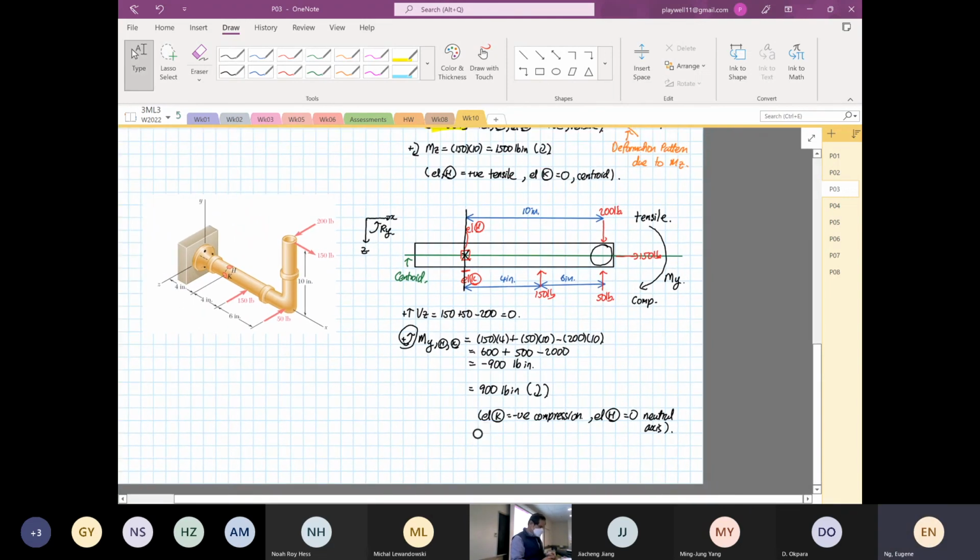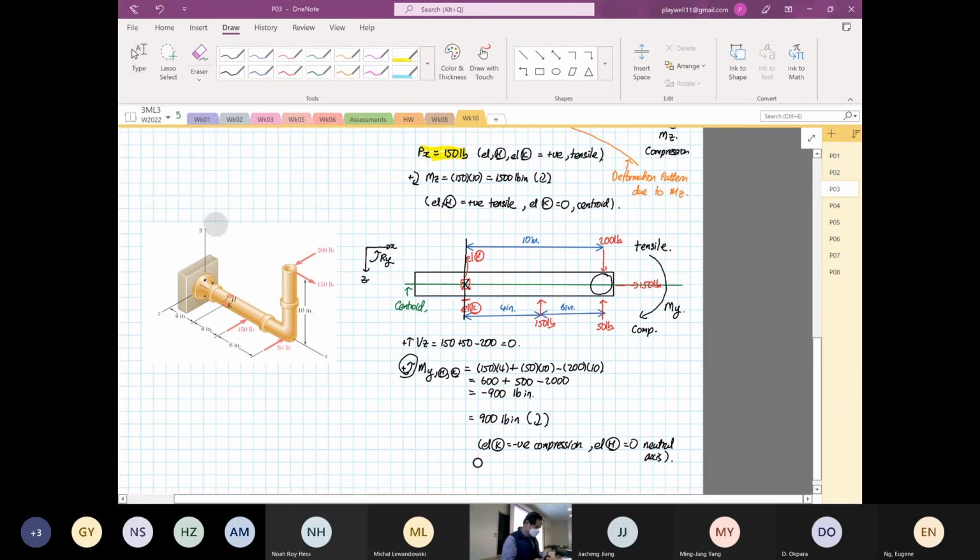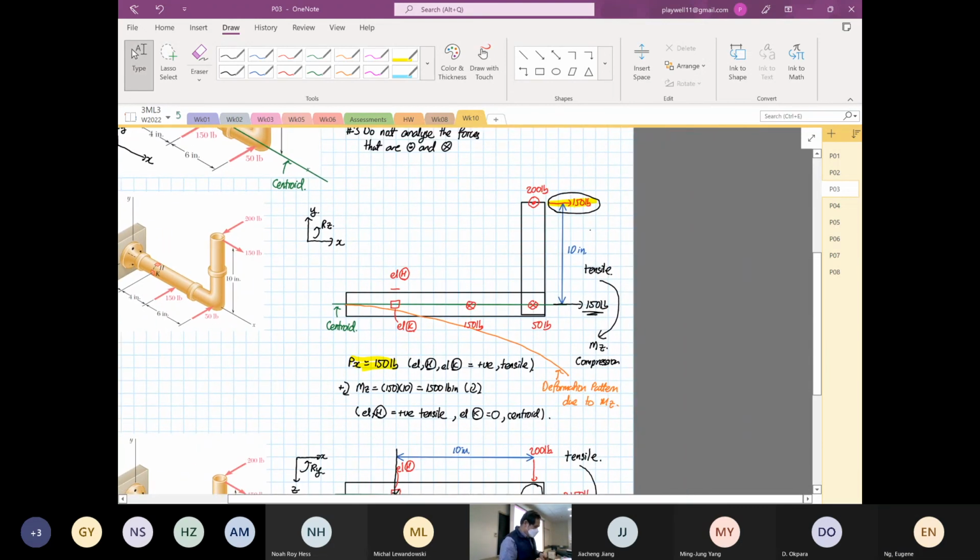There is something very important where students are confused. Even I was confused when I started doing it. What is the confusion? When we take moment in the z direction, the distance from the force to the moment is to the what?